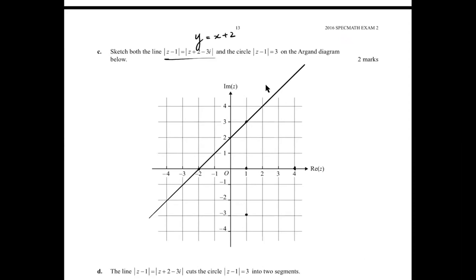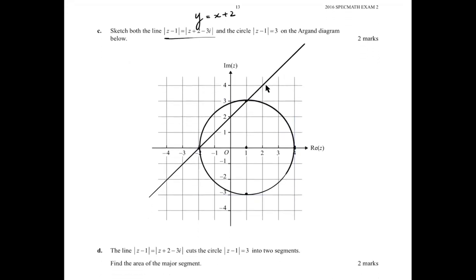Okay, four vertices located. And use a compass, okay? Make sure you buy a compass. That is a very crucial suggestion I always make to all of my students each year. Buy a compass, okay? And draw a perfect circle.